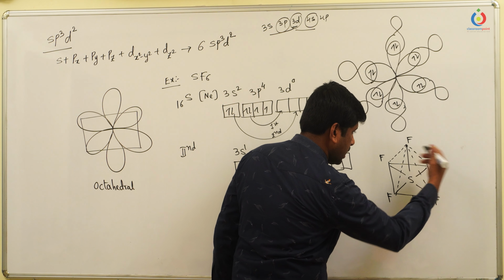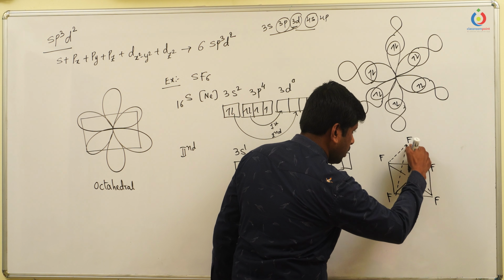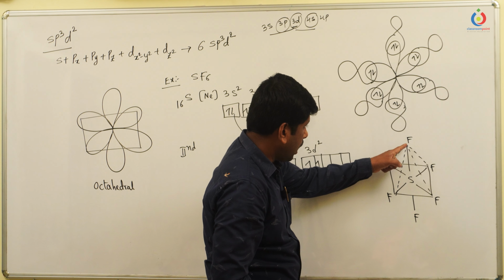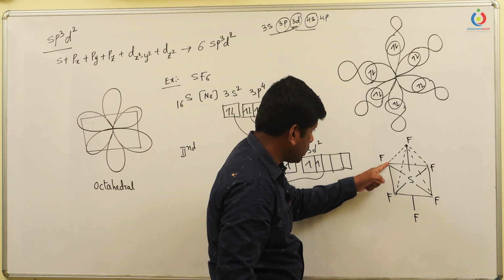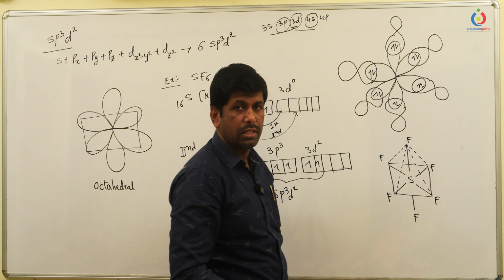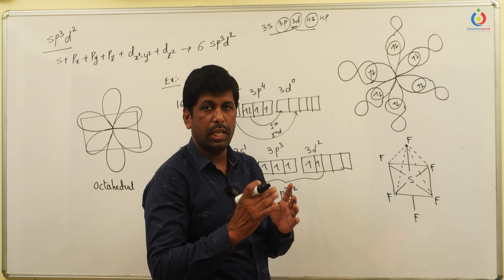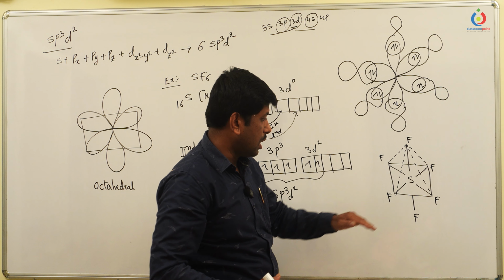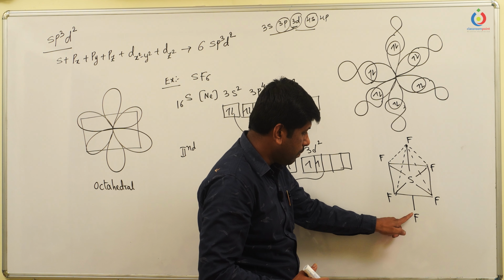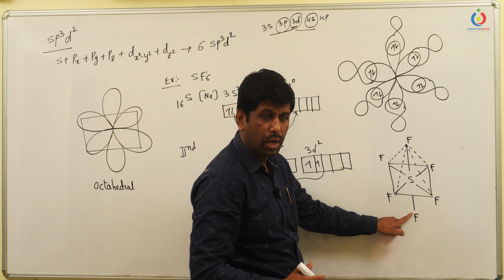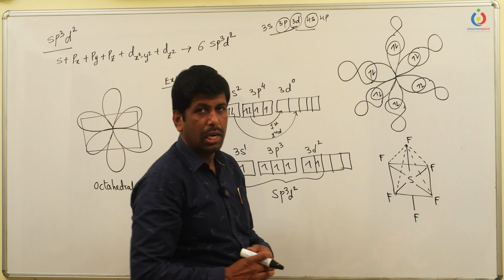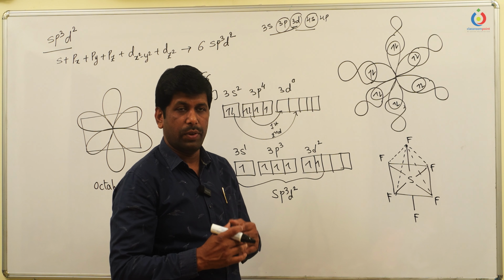And when you connect that side, on the right side one triangle can be developed, that is the third face. And from here to this fluorine, on the back side, the rear side also one face is developed. Totally four faces are developed above the plane. Now below the plane with this fluorine atom, we can develop four more faces. Totally octahedral means it has eight faces.